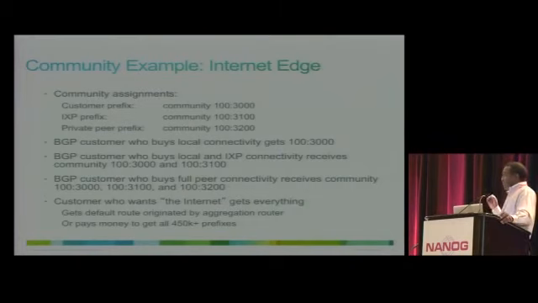Again, the use of both of these cases is, instead of applying policy based on explicit prefixes, you group them into communities and apply the policy based on communities. That way, you only make changes on whatever you are adding. If you are adding a new customer, you only make changes to that particular customer configuration. You don't go and make changes to other points in your network.